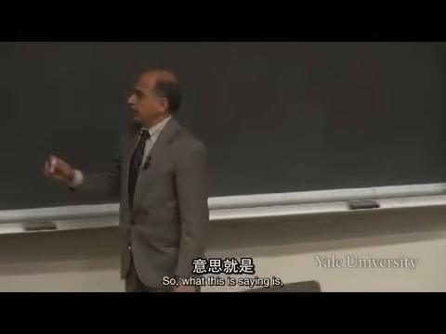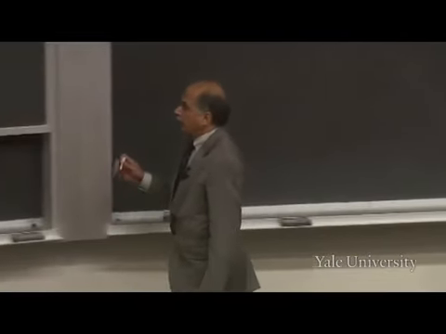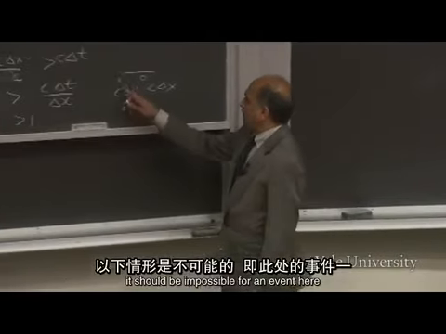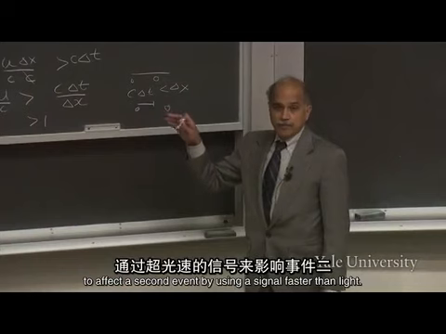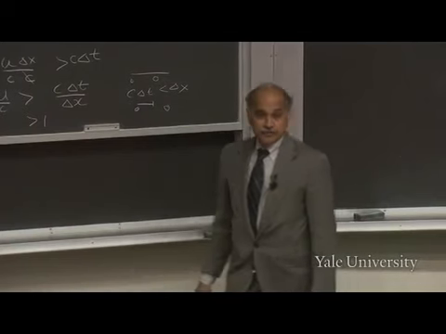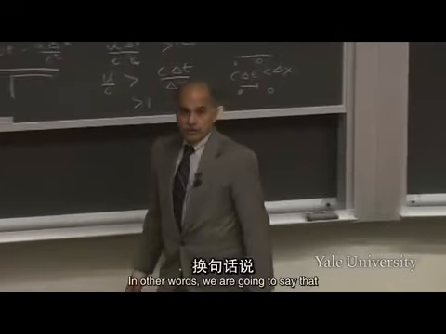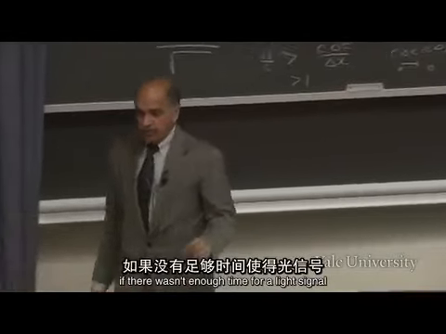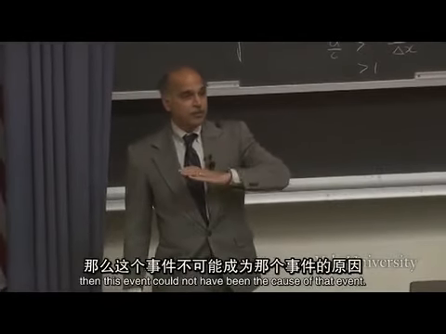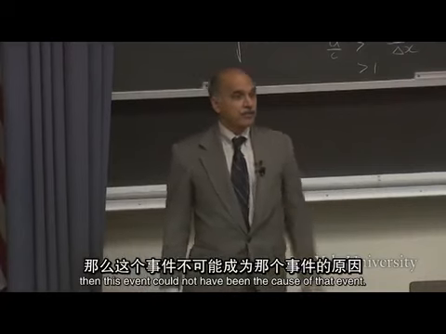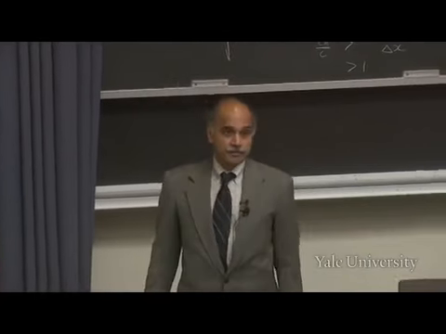So what this is saying is, it should be impossible for an event here to affect a second event by using a signal faster than light. In other words, if there wasn't enough time for a light signal to go from this event to that event, then this event could not have been the cause of that event. We will demand that.